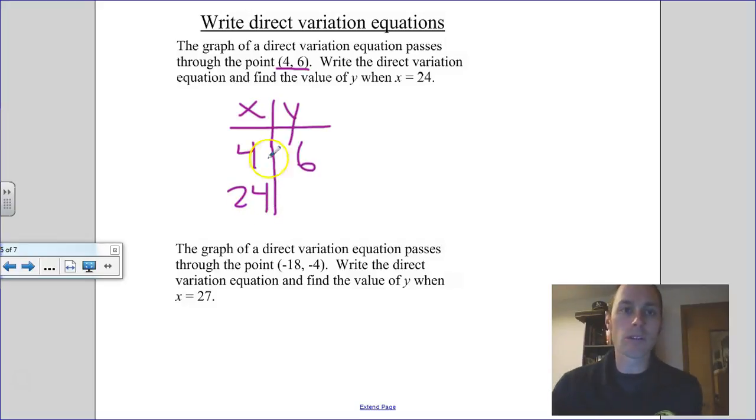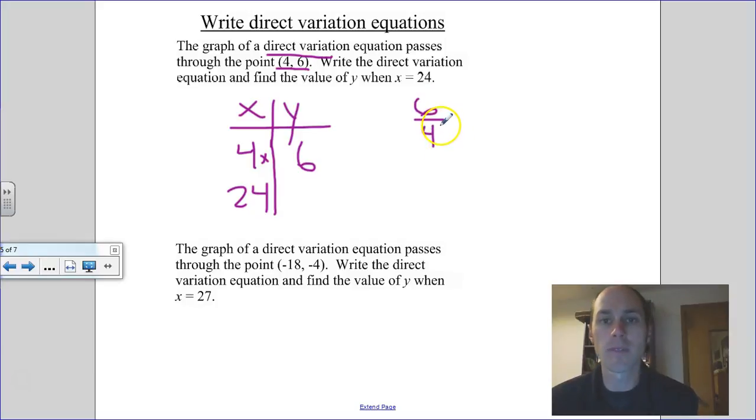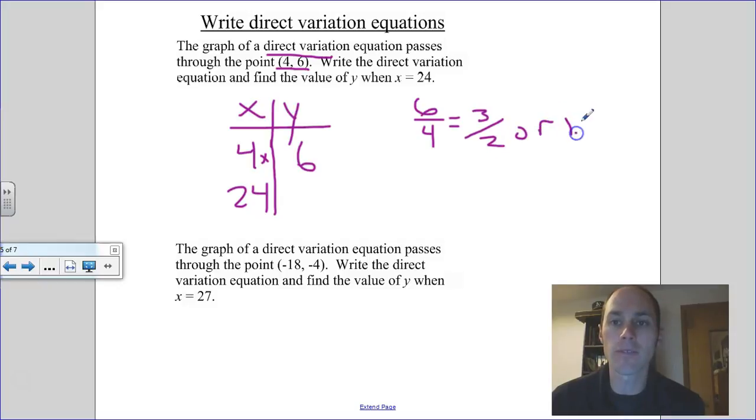Well, if we're told it's direct variation, so we know it varies directly, we're multiplying by something. How do I figure out what I multiply by? 4 times what number equals 6? It's not a whole number. So I divide 6 by 4, reverse the order, work backwards, do the inverse. 6 divided by 4 is 3/2, or 1 1/2, 1.5.